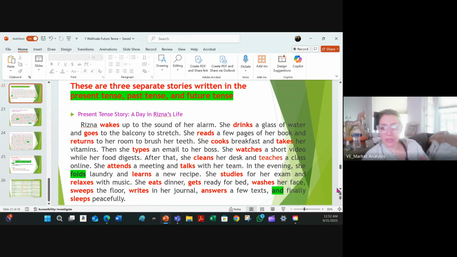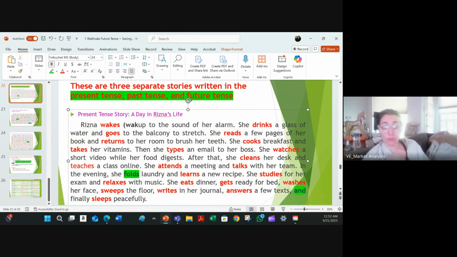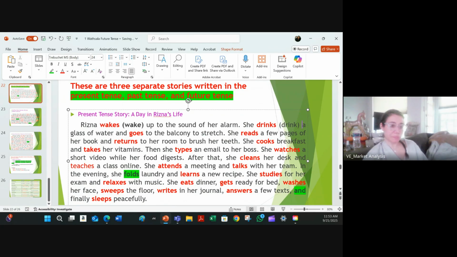I know, Jay, you said this already, but I think it would be great if the kids in class not only read aloud the story, but actually wrote a few sentences, like a day in their life. Exactly. And a present tense story. It doesn't have to be this long. It could be shorter.